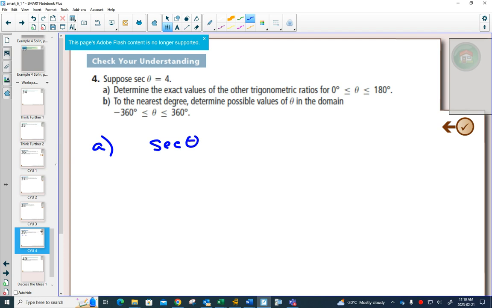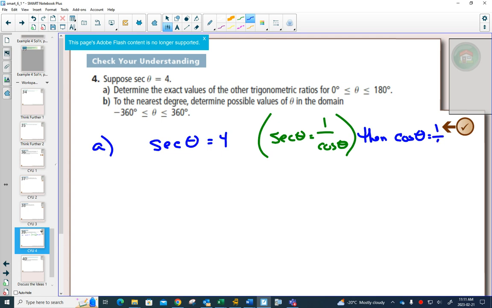if we have secant theta is equal to 4, and you know that secant of theta is equal to 1 over cos of theta, then we're going to use a shortcut and be able to write right away that cos of theta is 1 over 4.